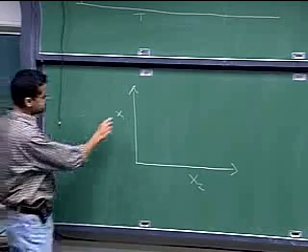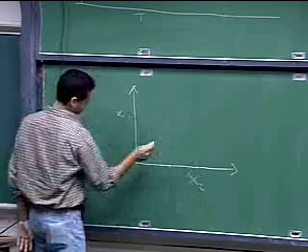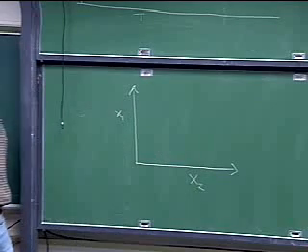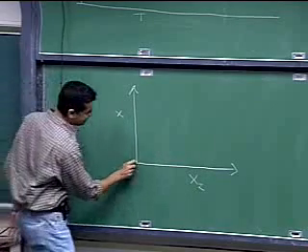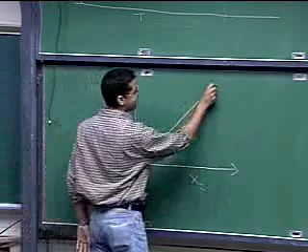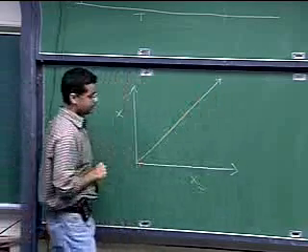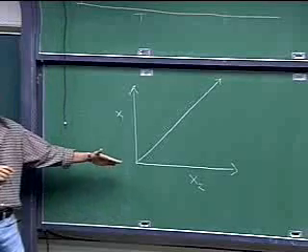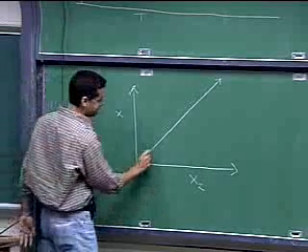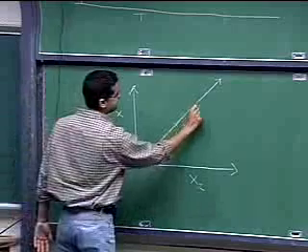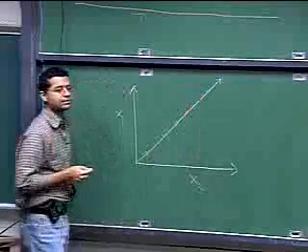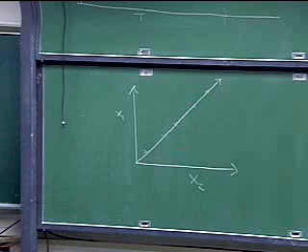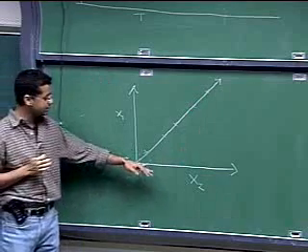So if you're plotting their respective bandwidths, then the fairness line is a line which goes at a 45-degree angle to the x-axis. Any bandwidth allocation on this line indicates a fair division of resources, because here x1 is equal to x2.